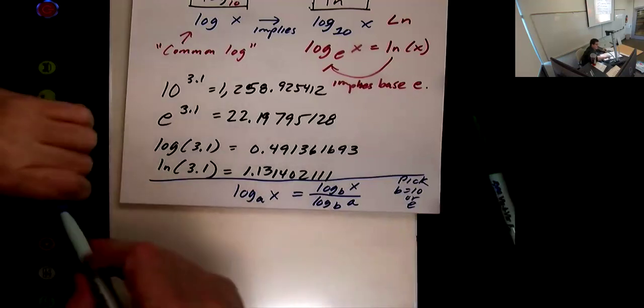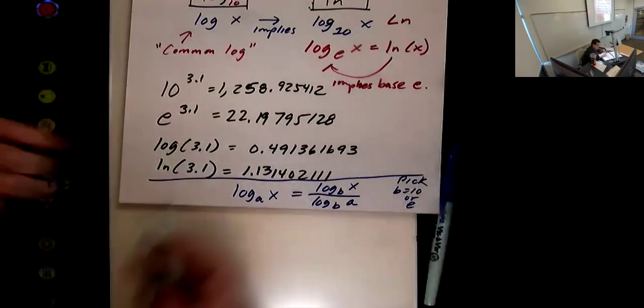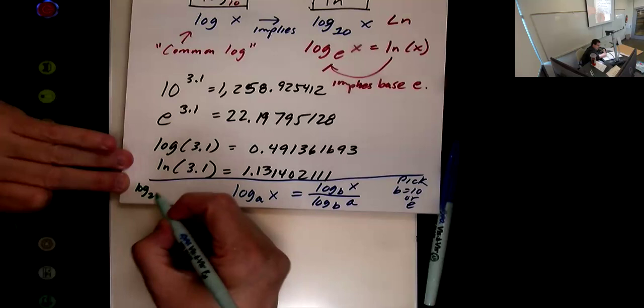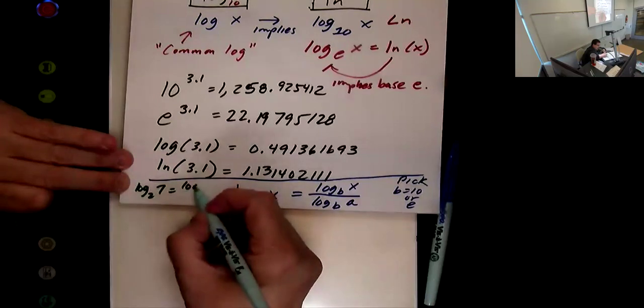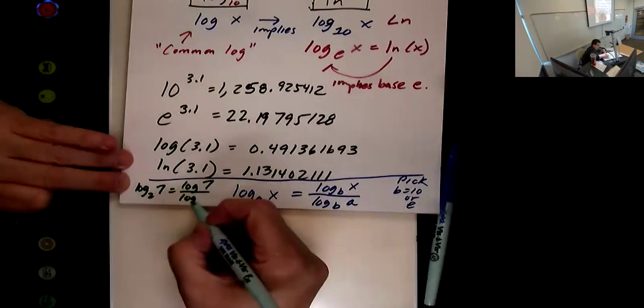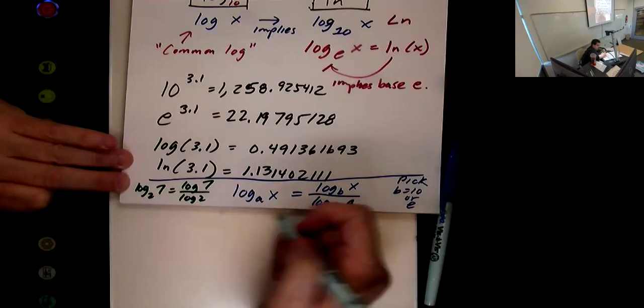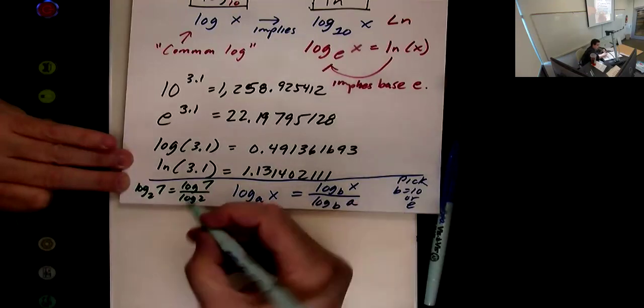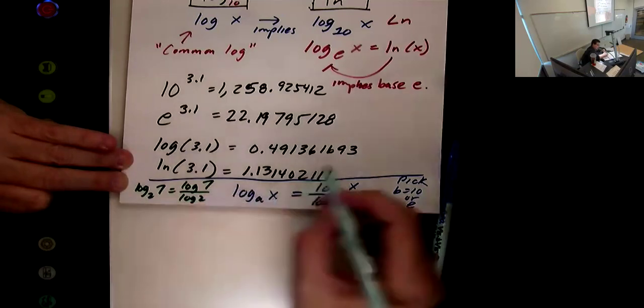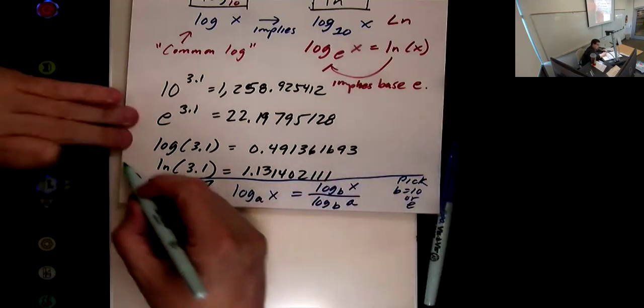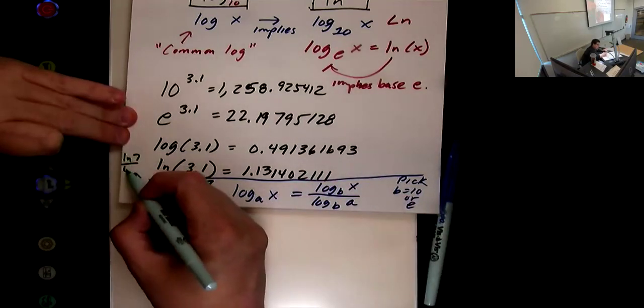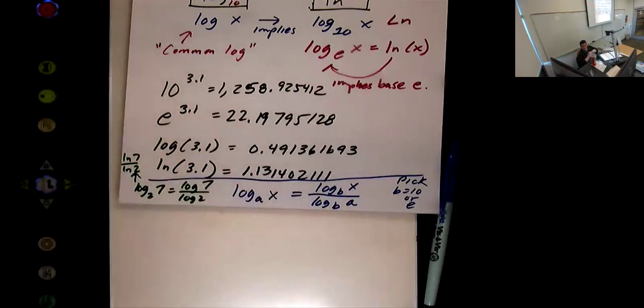Like log base 2 of 7 is log 7 over log 2, or ln 7 over ln 2. You get the same thing either way.